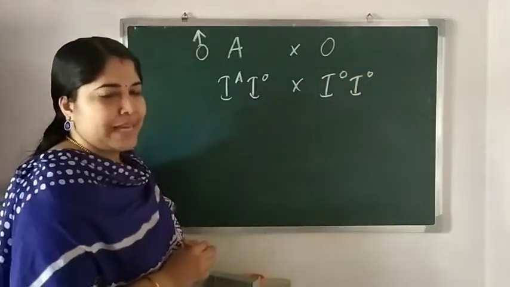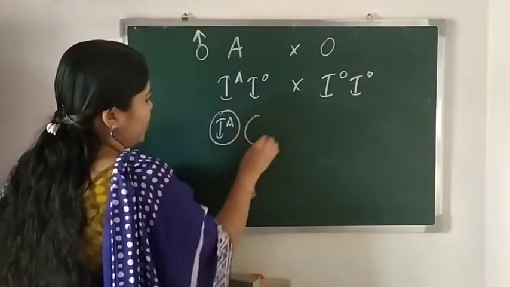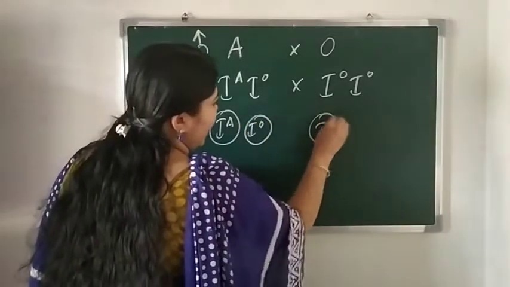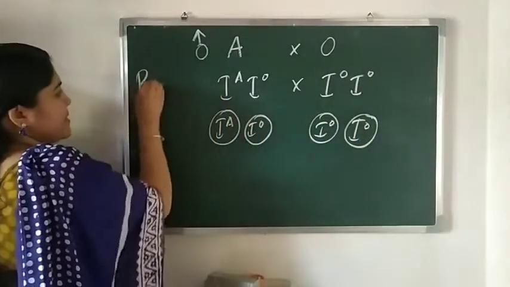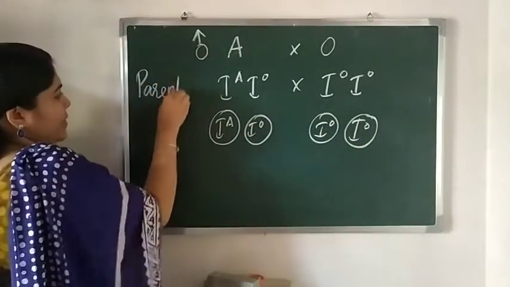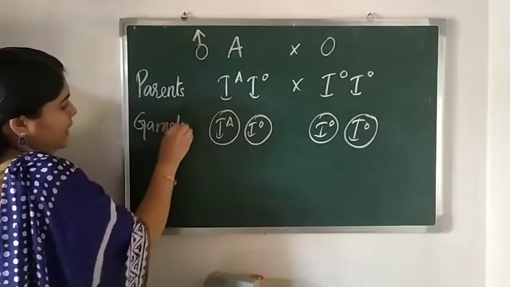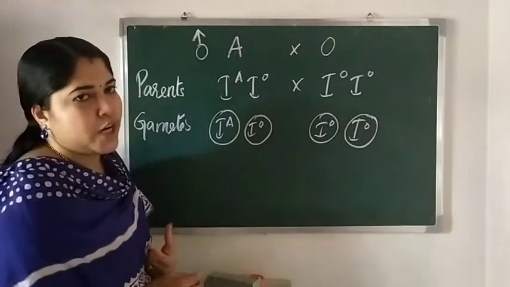Clear, students? As we have done, we will write the gametes: IA, IO and IO, IO. These are the parents and these are the gametes, as we have done in the monohybrid and dihybrid cross. And we will cross to find out the progeny.